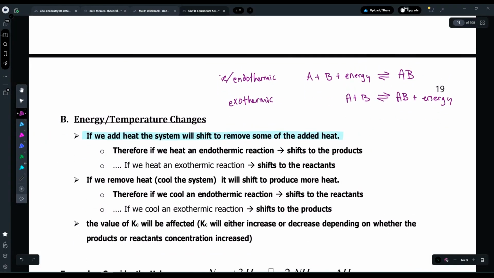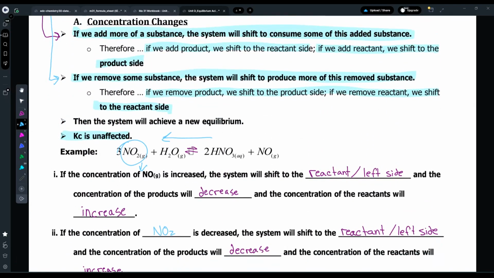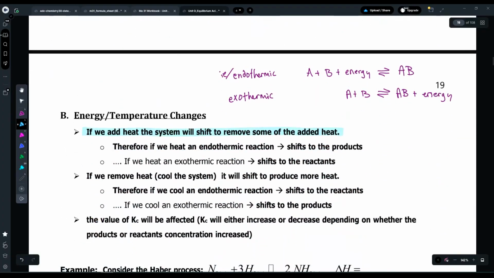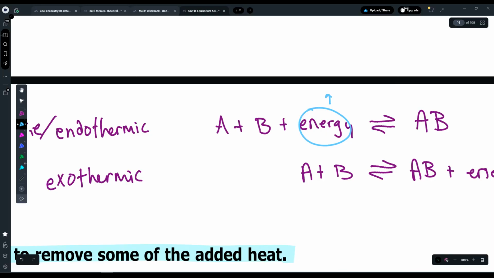Okay, so let's get back to what happens if we add heat to the system. You can kind of think about energy and temperature, adding energy to a system, kind of the same way that we were treating if you increased the concentration of a certain substance. Okay, so if we increase the energy in an endothermic reaction, remember, we're adding to this equilibrium, therefore the equilibrium shifts away.